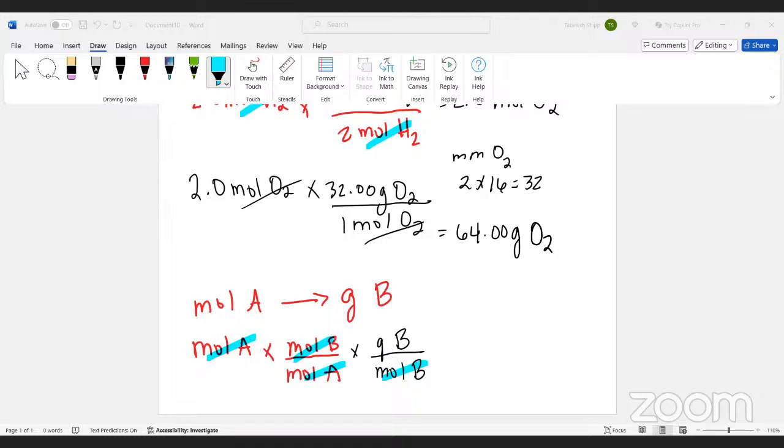We're also looking for aluminum oxide. So those are going to be the only two numbers that we focus on for this particular problem. So right here, I'm going to write 1 mole of aluminum oxide. Now, 1 times 1 is 1, divided by 3, and you get 0.333, and it keeps going, of aluminum oxide.